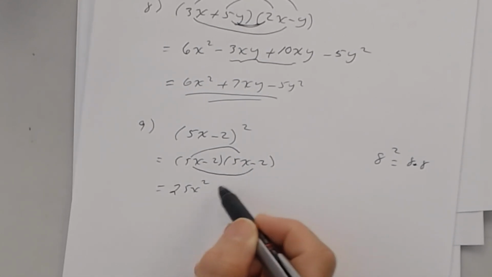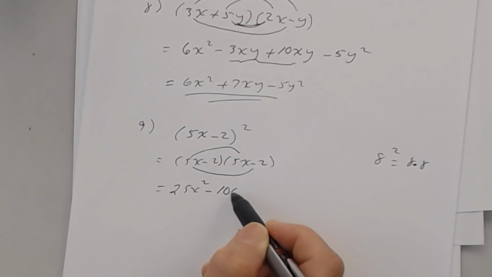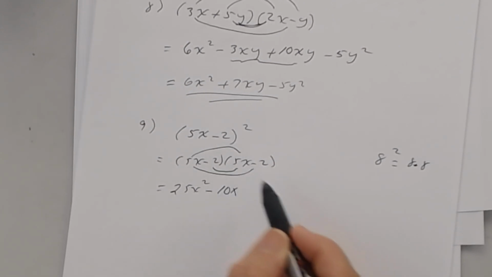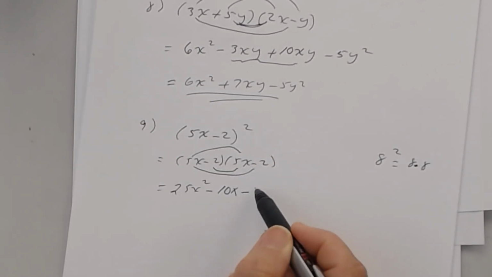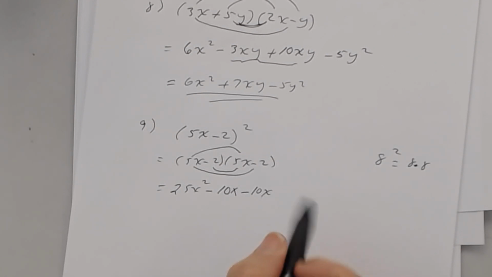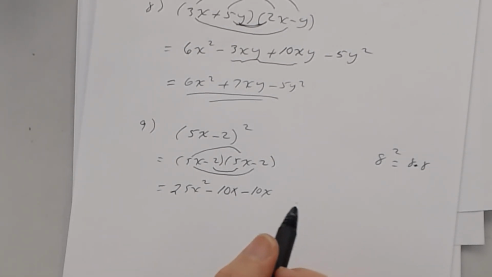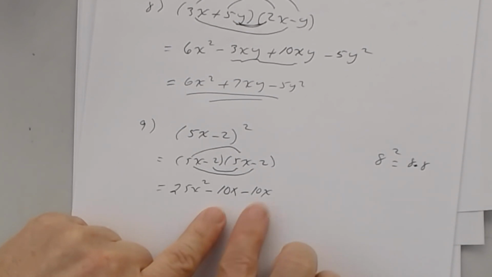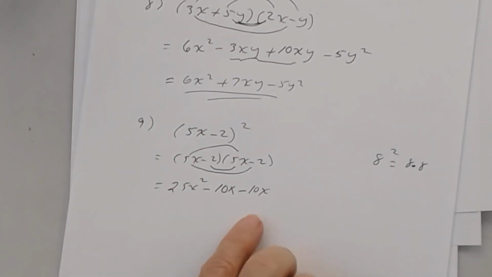What's the outer? Negative 10x, right? What's the inner? Negative 10x. In fact, since you're squaring a binomial, if you may not remember this, but what happens is that when you square a binomial, the outer and the inner are alike. So notice, are the outer and the inner the same thing? Yeah. What is the last?